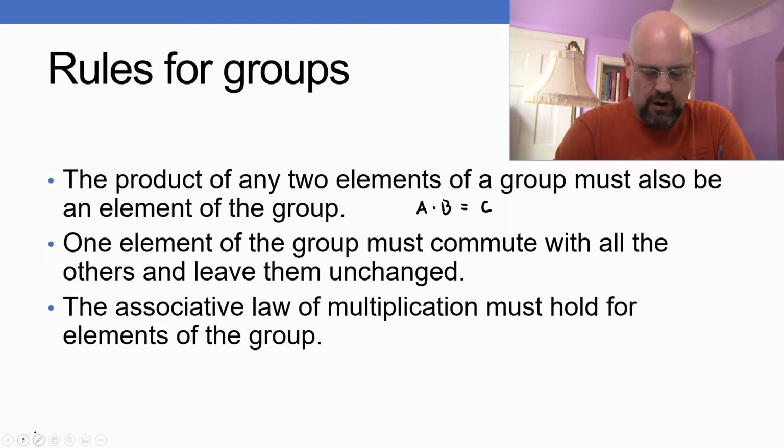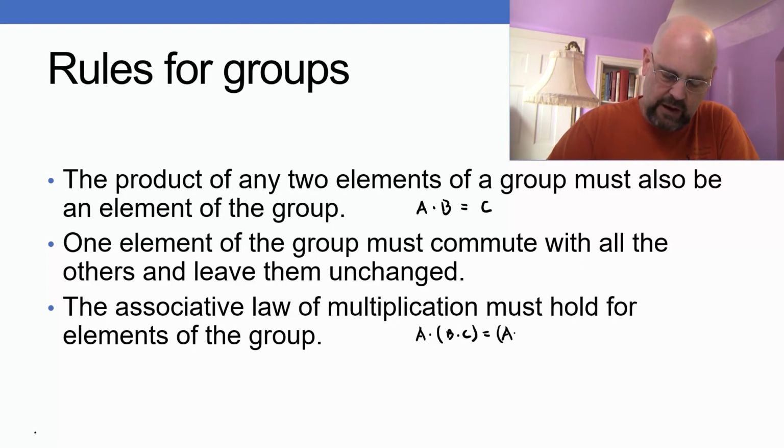The associative law must hold for elements of the group, namely that if I have A operating on B and C, it must be equal to A operating on B first, and then that operating onto C. The two of those must be the same. On the other hand, commutation is not necessary.